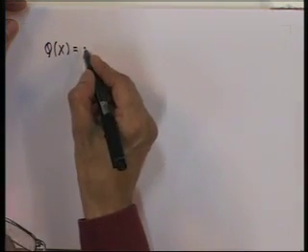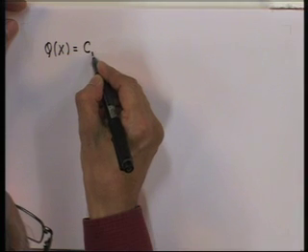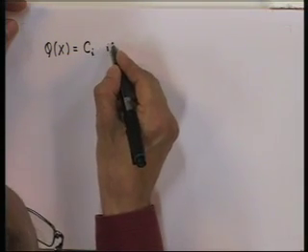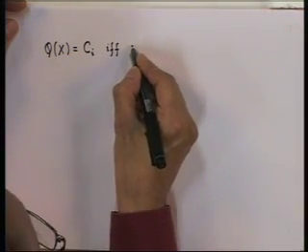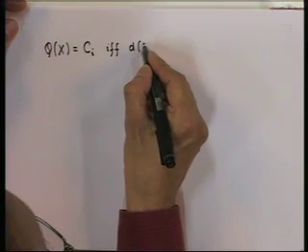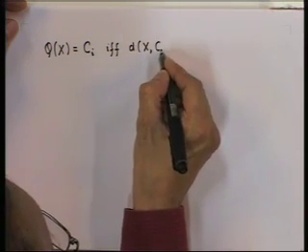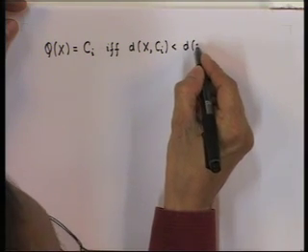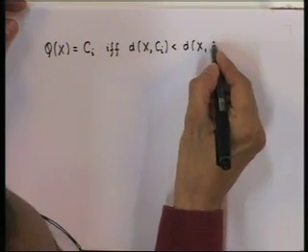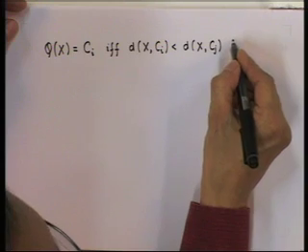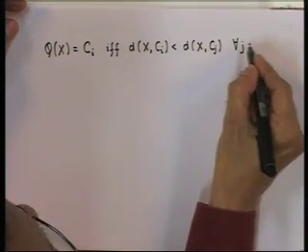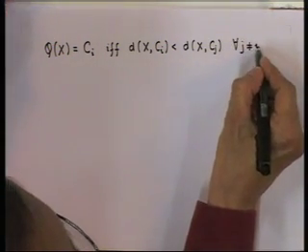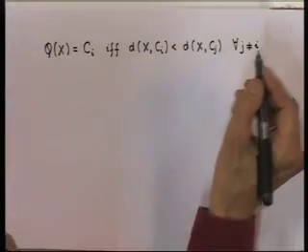Q of x is equal to C_i if and only if the distance between x and C_i is less than the distance between x and C_j for all j not equal to i.